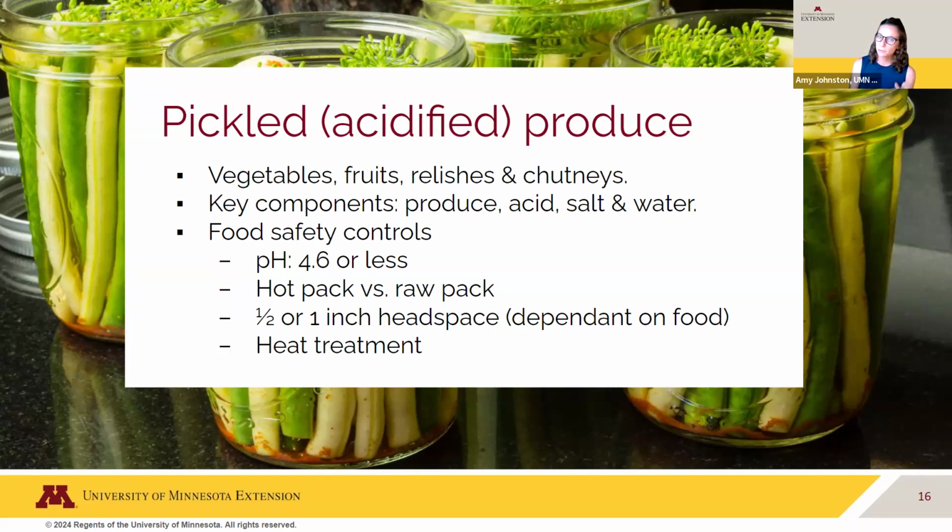The headspace will vary depending on the food because of how much room is needed to allow that pickling liquid to boil without impacting the seal on the jar. And then again, that heat treatment from a boiling water bath or, in some cases, an atmospheric steam canner.